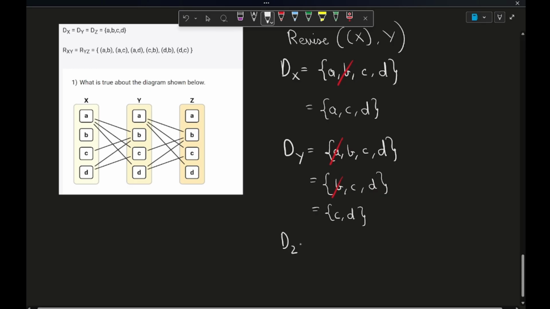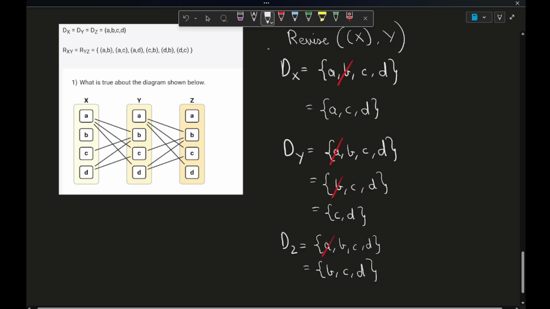And if we talk about DZ, DZ should just become BCD, I think. Yes, BCD, because again A never occurs in the second position. So this is removed and BCD.